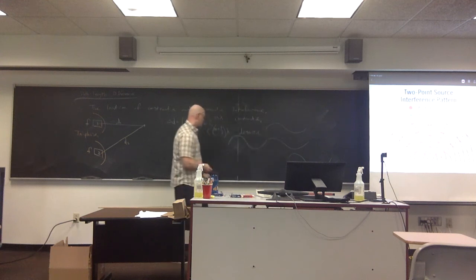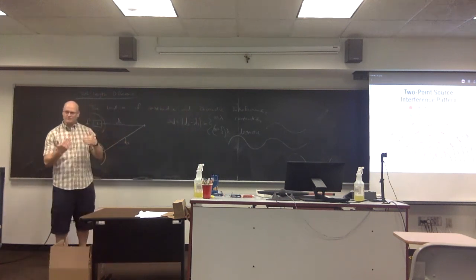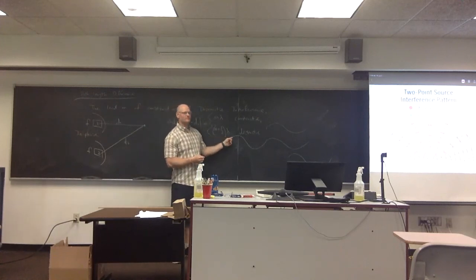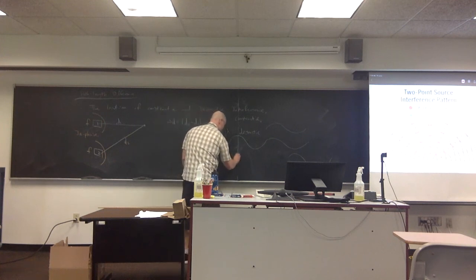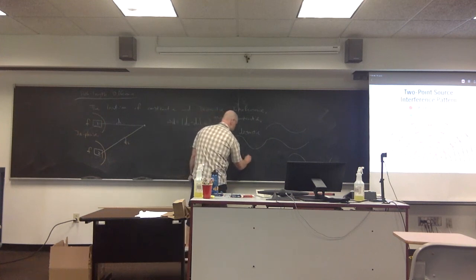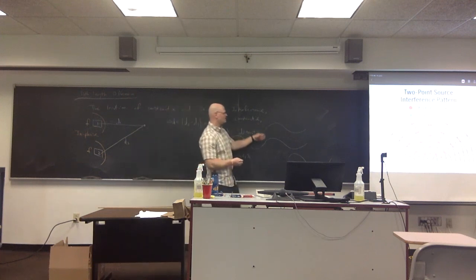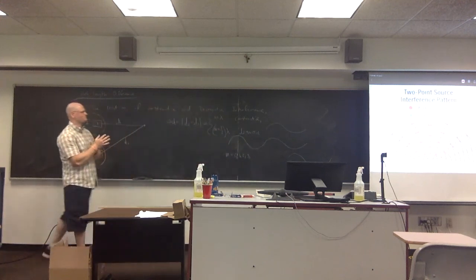As long as they arrive a half integer wavelength out of phase, they will produce destructive interference. M here is just an integer, which means M could be anything from 0, 1, 2, 3, and so on. So it just means how many wavelengths these waves are traveling or out of phase with each other.